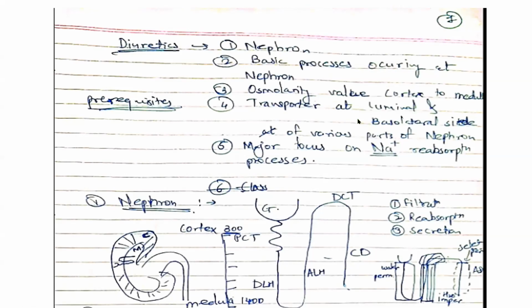These transporters are present at the luminal side and basolateral side. What is luminal side? What is basolateral side? I will tell you. Lastly, you should focus on the sodium reabsorption process. Why? Because in the mechanism of action of all diuretics, we are majorly playing with sodium reabsorption, because it is a major electrolyte which plays a role in the volume of urine. Then we alter the urine volume, sodium levels, water volume, and various other solutes are also affected. So this is an introductory part before going ahead into the diuretic chapter.